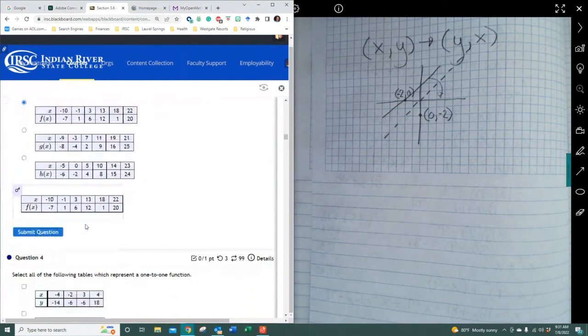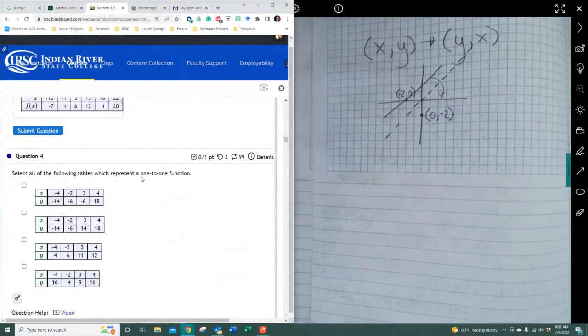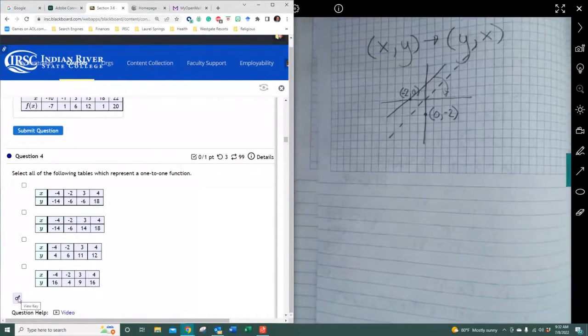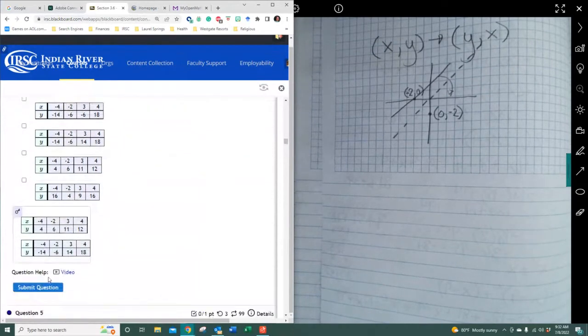Then, select all the following tables which represent a one-to-one function. This one fails because it has repeated outputs. This one passes, this one passes, and this one fails because the 16s are repeated. So the answers are going to be this one and this one. And that's what it shows.